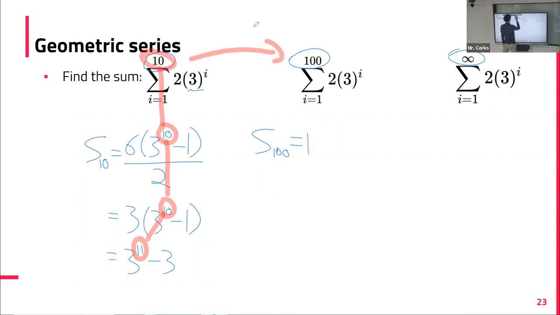So 3 to the exponent 101 minus 3. It's getting a lot bigger very quickly here. And what about our last one? What if we wanted to try to do this all the way up to infinity?